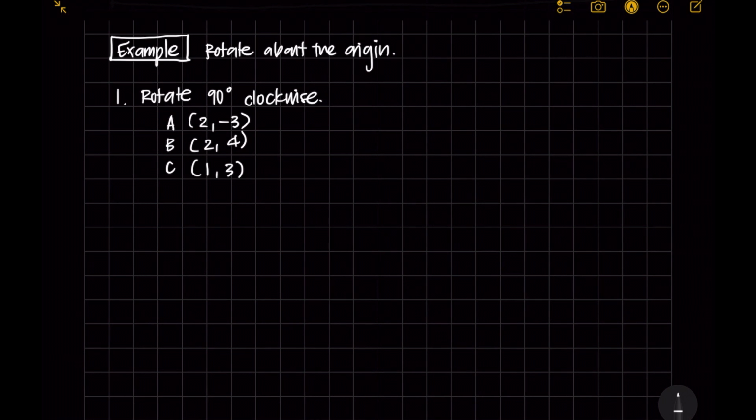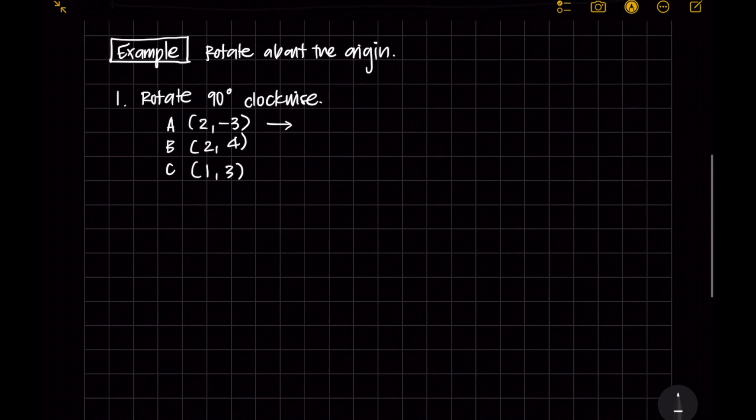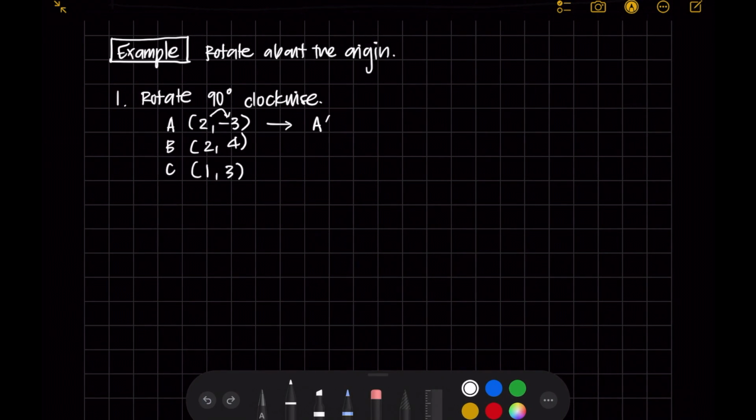If you remember the rotation rules, whenever you rotate a figure 90 degrees clockwise, you switch the order of the x and y coordinates, and then you take the negative of the x coordinate. So A prime becomes -3, 2, but remember this 2 was the original x coordinate, so we take the opposite of that. So we get (-3, -2).